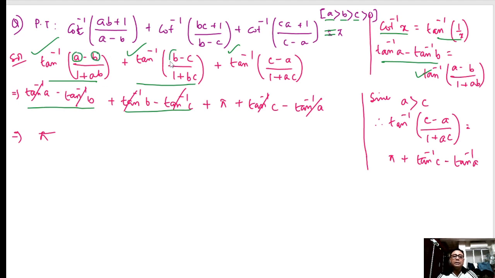Here B is greater than C, so we can directly write, but here C is less than A, so we have to write pi plus tan inverse C minus tan inverse A. Please keep a note here, A is greater than C, so this can be written as pi plus tan inverse C minus tan inverse A. So what ultimately remains is pi.